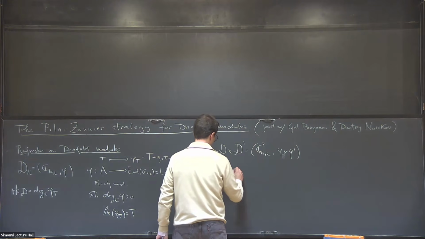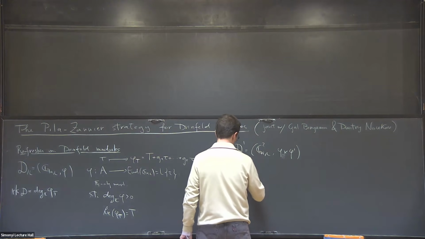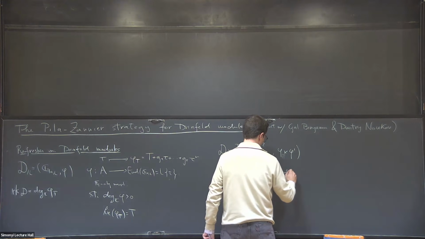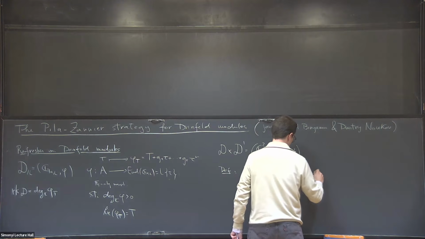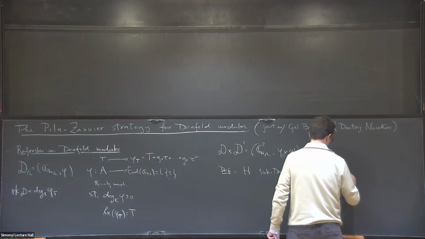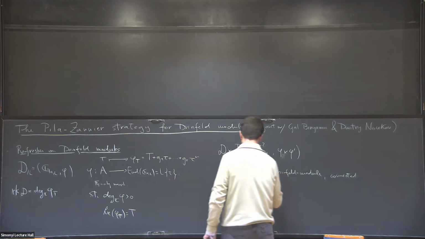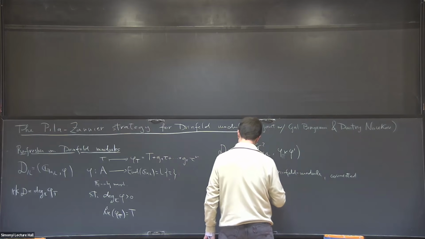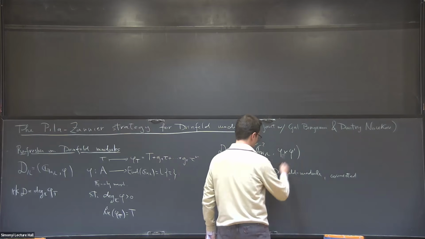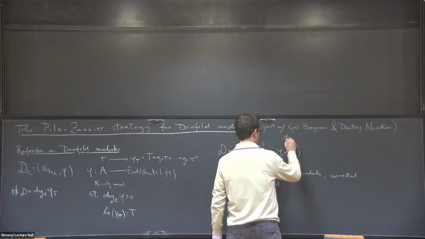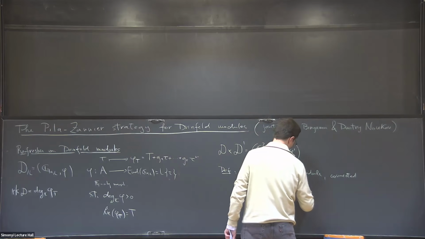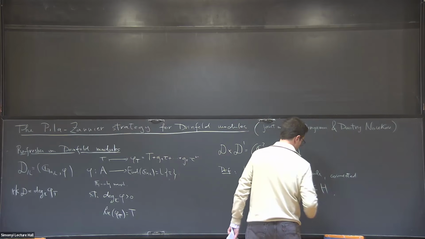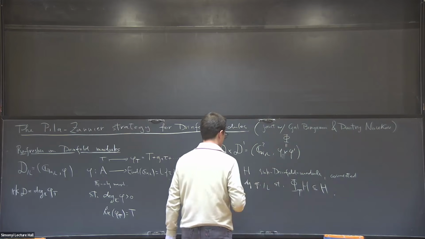So let me also define a Drinfeld submodule, or maybe a sub-Drinfeld module, to be a connected algebraic group, or maybe the separable closure, but such that it's stable under this action, which I will call capital Phi, which means that Phi of T of H is contained inside H, so it's stable.